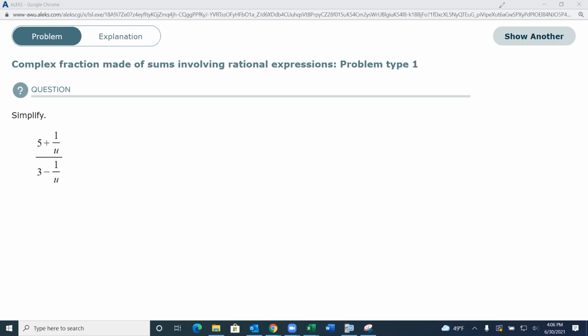So I got to get common denominators for those two. So I'll multiply the 5 by u over u, which will give me 5u over u plus 1 over u. Now that I have common denominators, I'll use them and have 5u plus 1 over u.